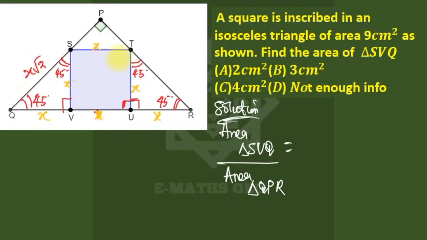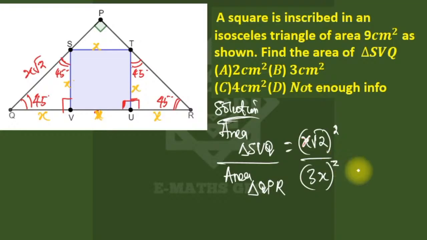So that's what we'll compare with: x times √2 all squared is the hypotenuse of this one, while the hypotenuse of the big one is 3x, as you can see, x plus x plus x.